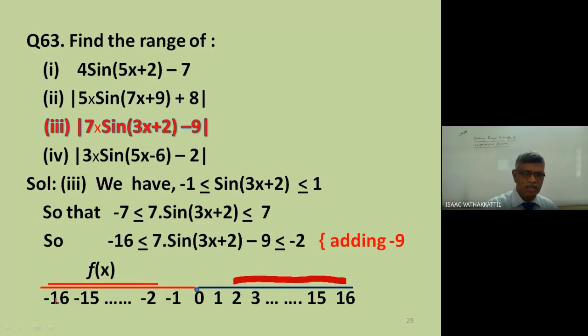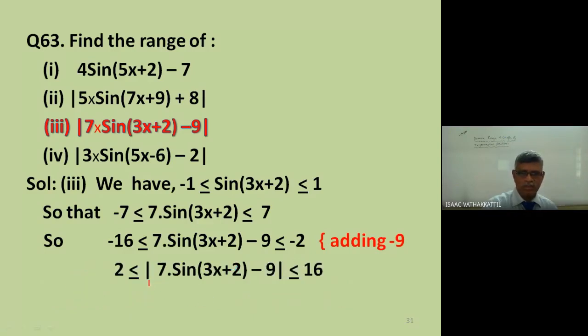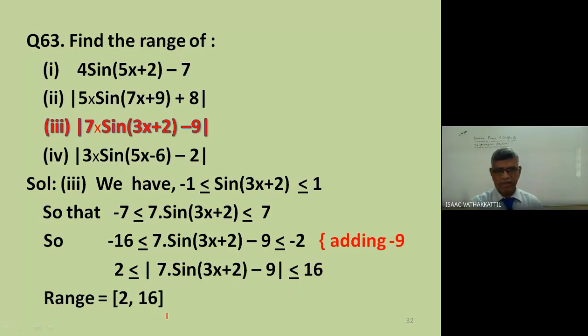Is it not okay? That means 2 less than or equal to modulus of 7 sine 3x plus 2 minus 9 less than or equal to 16, and the range is the closed interval 2 to 16. Clear?